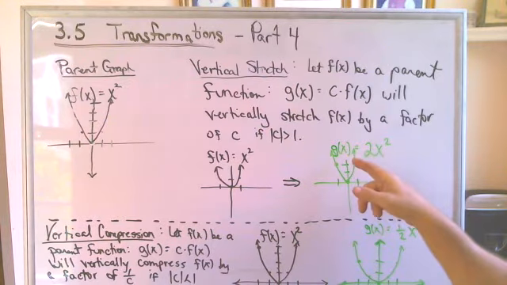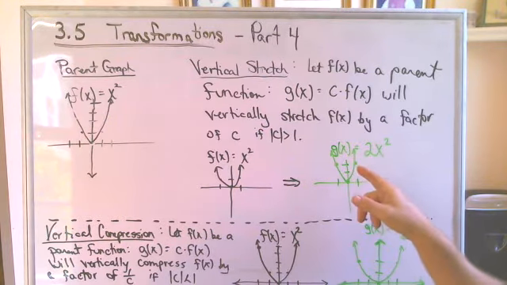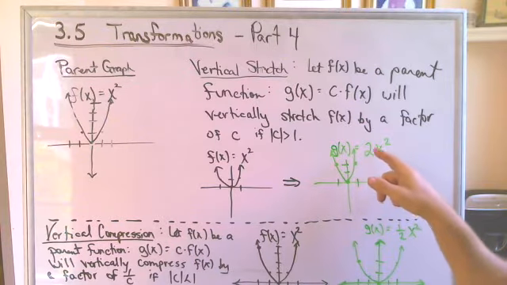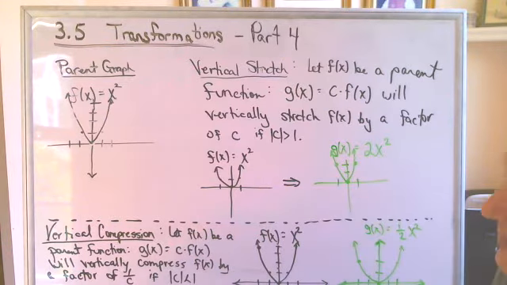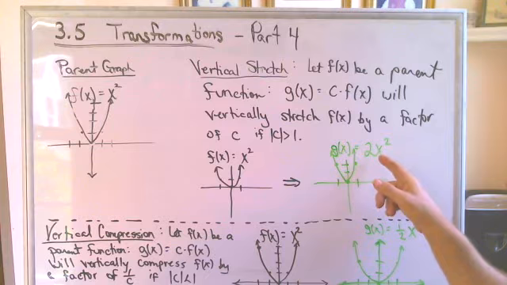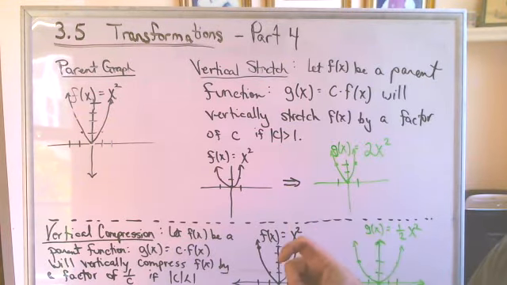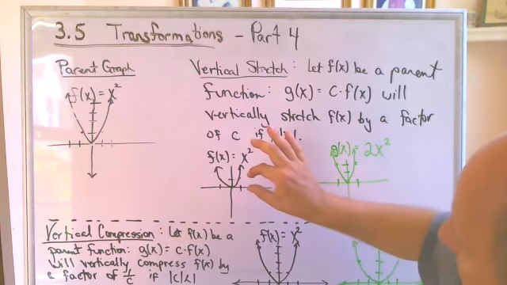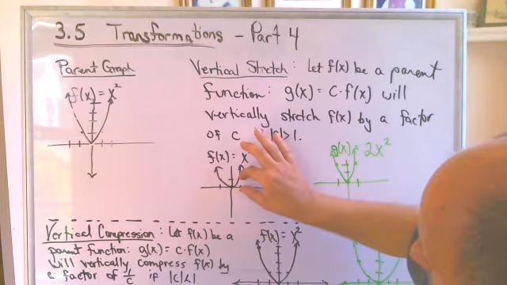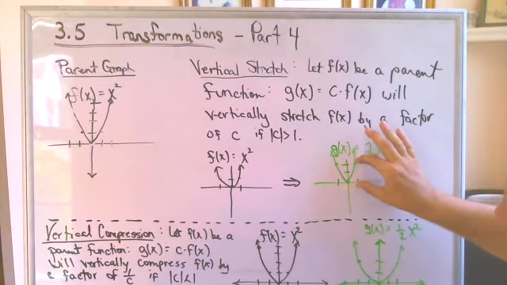So my g of x, the transformation that I want to apply, is 2 times x squared, which is 2 times the function. What this is going to do is stretch the parent graph by a factor of 2, which basically means you take a point off the x-axis, and if it's 1 unit apart, then it becomes 2 units apart.